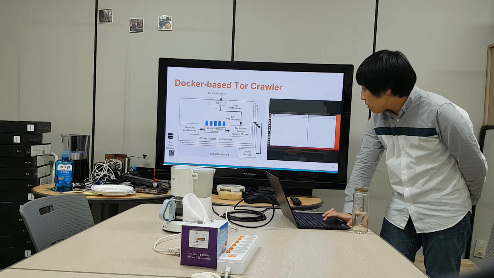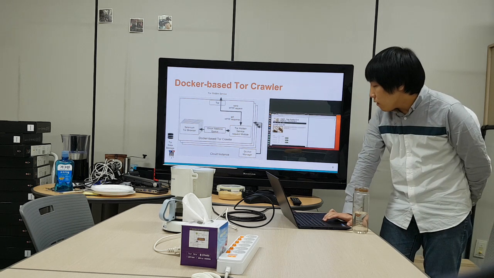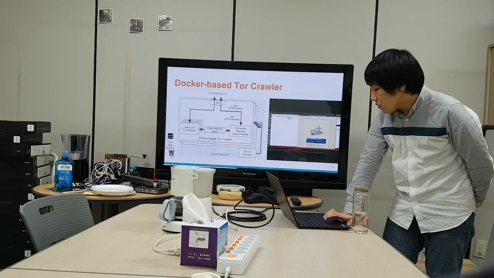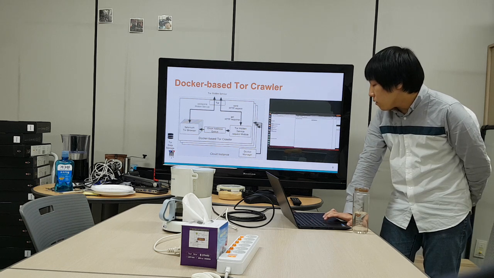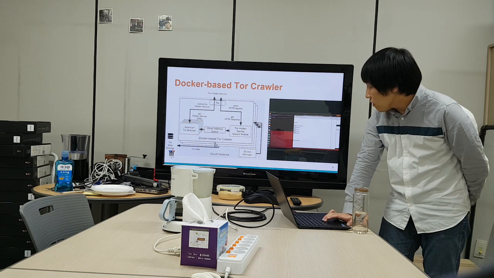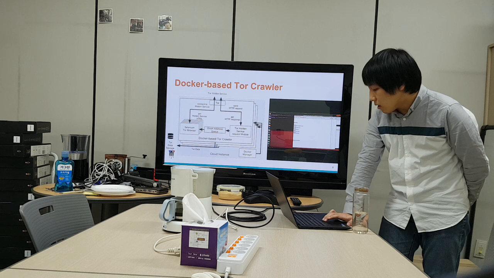When the queue is full, it opens tabs and connects to all onion addresses. It attempts to connect to a hidden service and saves the HTML of the open page. The collected pages are stored in Tor data storage.